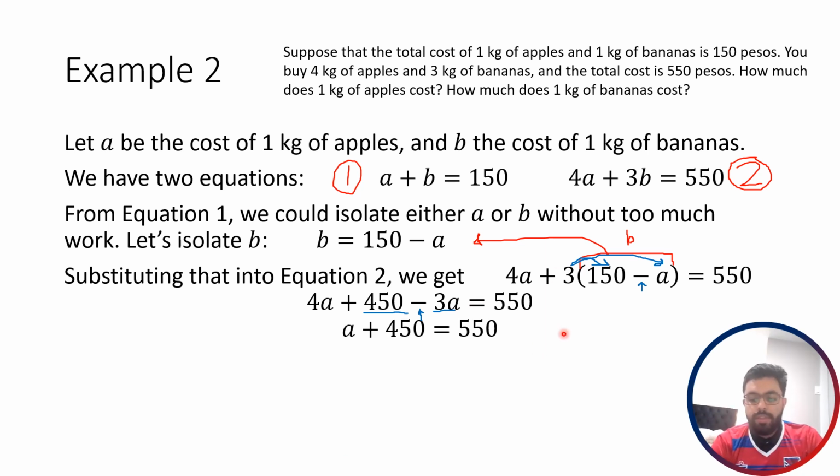Now we can carry on with isolating and solving. 4A minus 3A is A. The 450 we'll just keep here for now, equals 550, and you'll find that A equals 100.